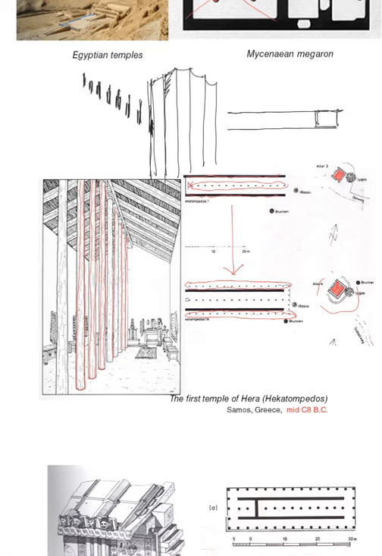Now here it isn't peripteral, but we see the first signs of that idea. And it is thought that in this instance, it was purely added to the building. If we had to draw a quick section here, it was added as a means to protect the roof, the walls, because the walls were made of clay.